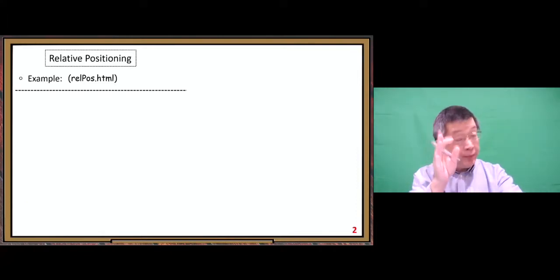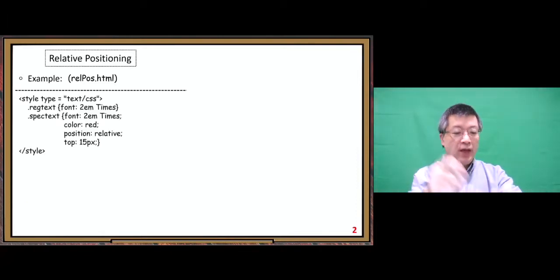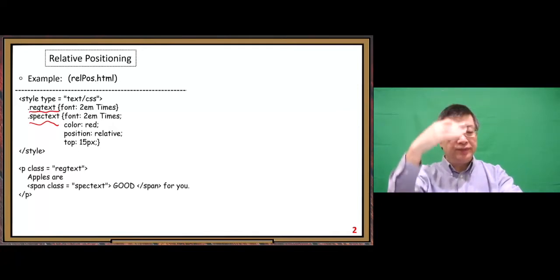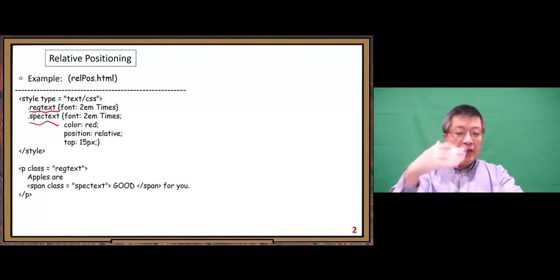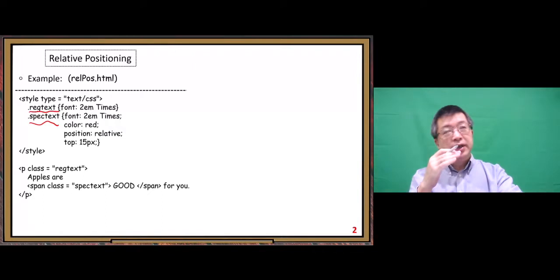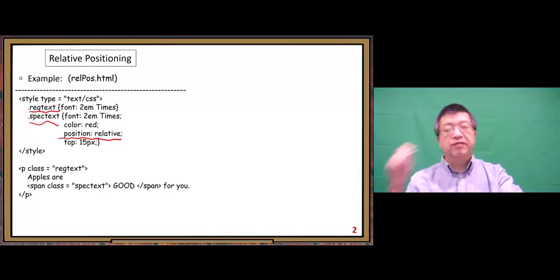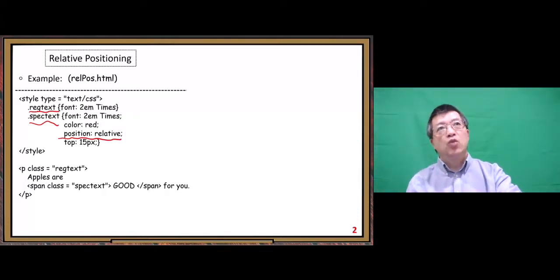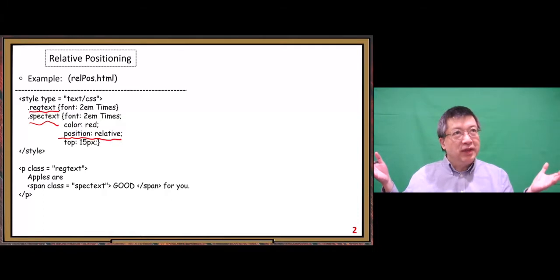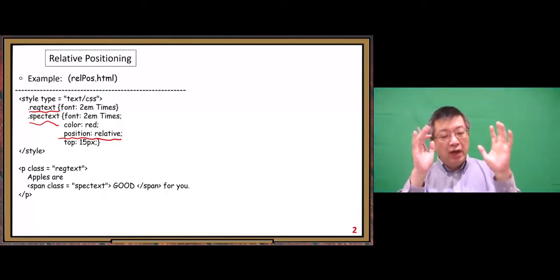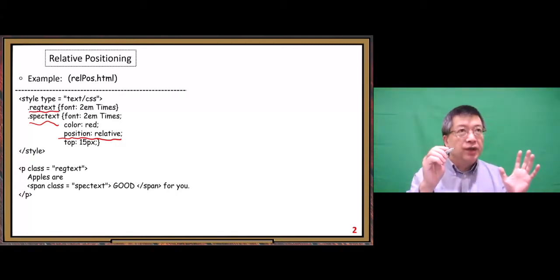The structure is similar to the first one. Two classes, one for the parent node, one for the child node. But for the class of the child node, we use position relative. So what's the meaning of relative? Let us recall, it is different from absolute positioning. Relative to what?